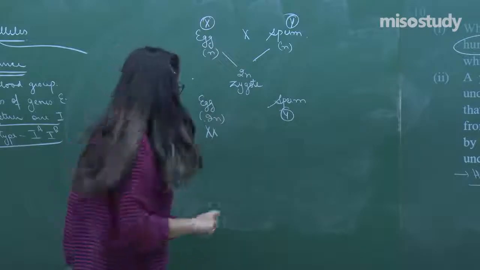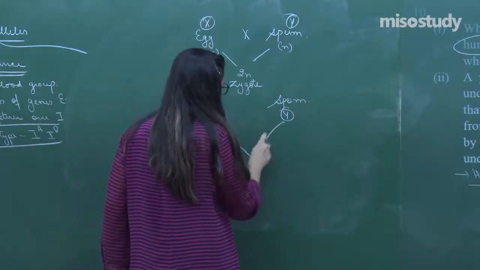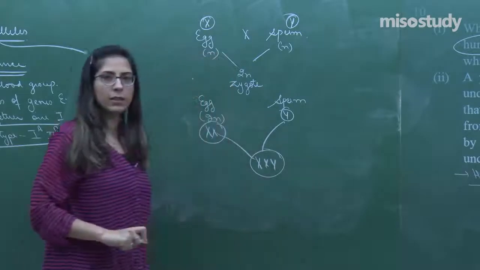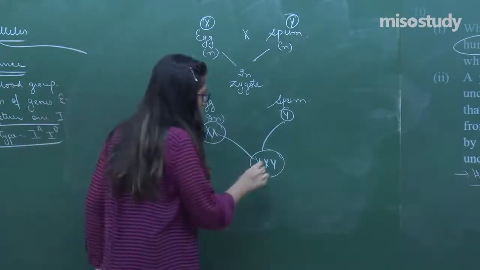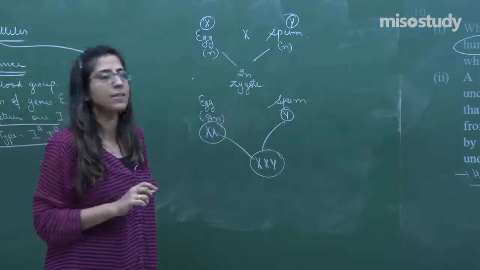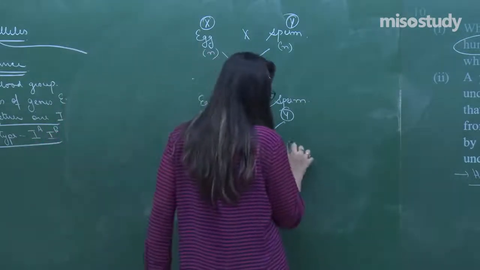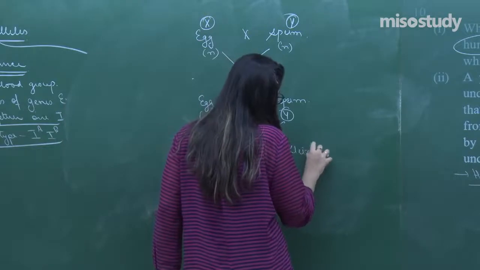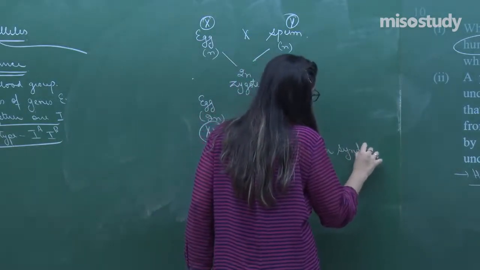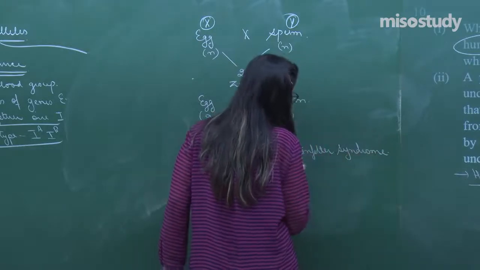Now, if fertilization happens between these, what type of zygote will be formed? XXY. Such a condition is called Klinefelter syndrome.